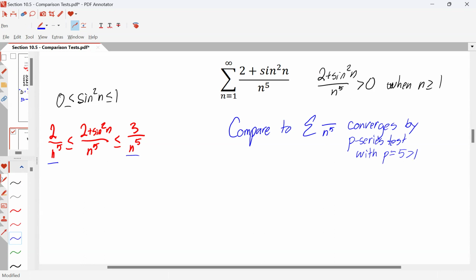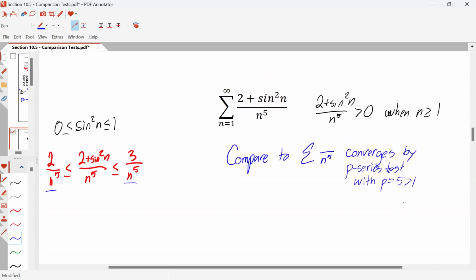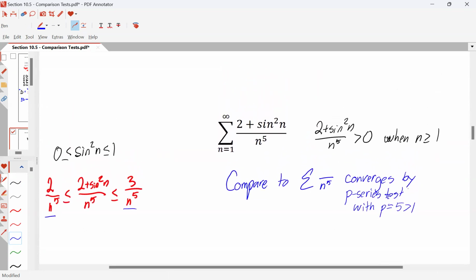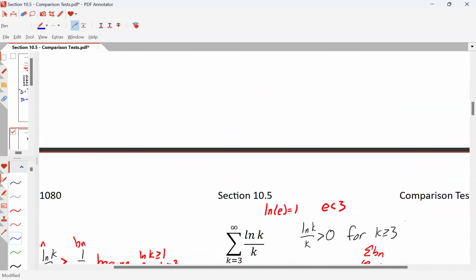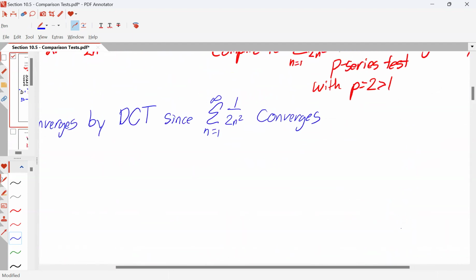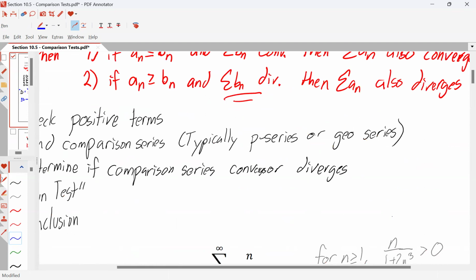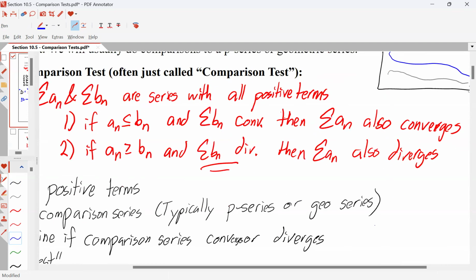And so we now need to essentially run our test, which is determining which series we actually want to use. So going back up to the rules for the direct comparison test, the direct comparison test says if an is smaller than bn and bn converges, then so does the series an.